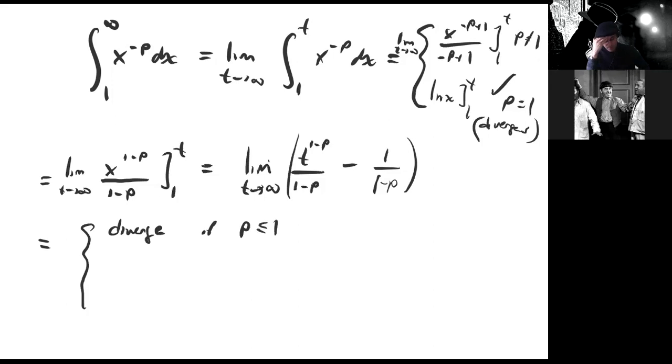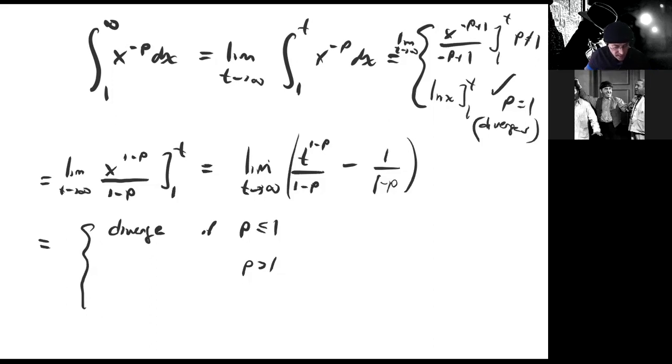Now what happens if p is bigger than 1? Well, t to the 1 minus p is t to a strictly negative number, and when you stick in larger and larger positive values of t, that's going to vanish.